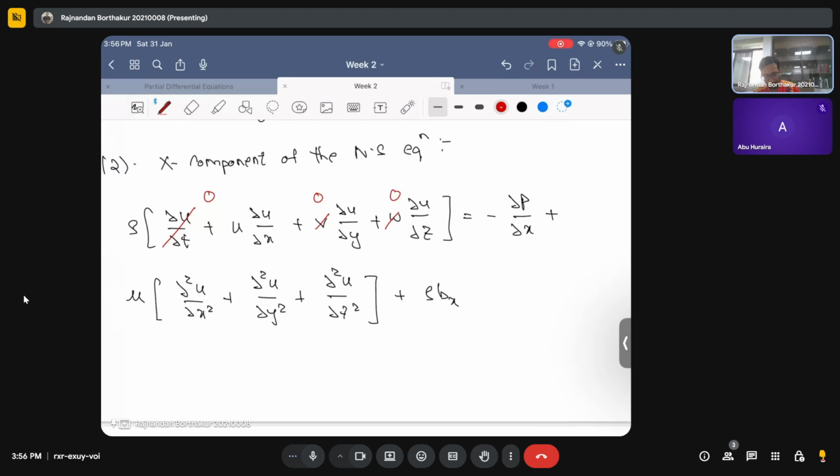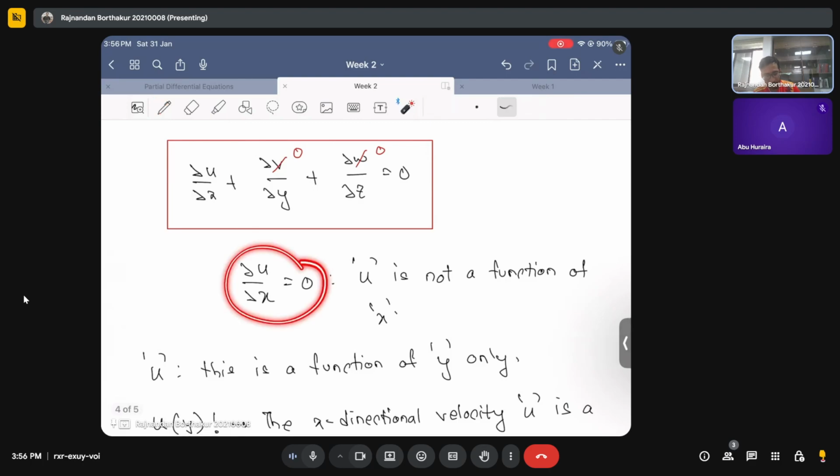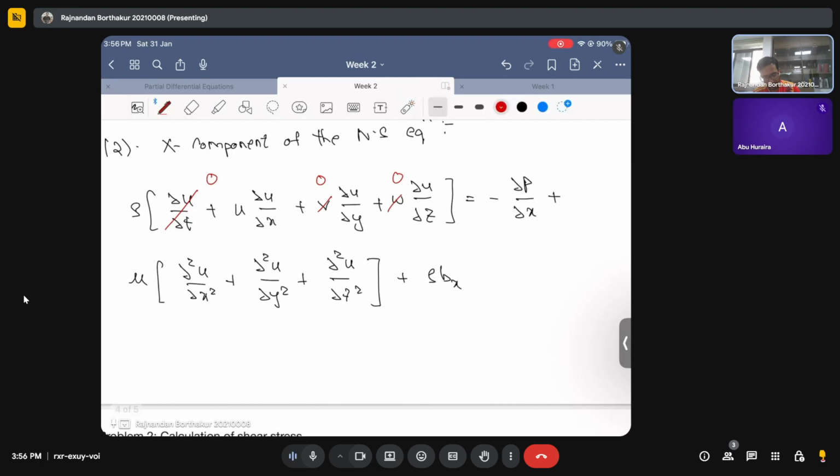From the continuity equation, del u del x is 0, which means that u is not a function of x, so this term goes to 0, this term goes to 0, this term also goes to 0. And there is no active body force inside the fluid's control volume, basically inside the two plates, which means that rho times bx will also go to 0.